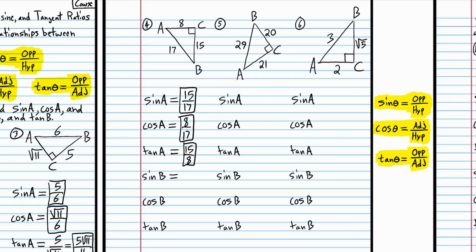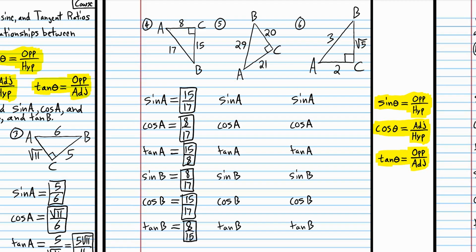And now we're going to B. So now the opposite side of B, because sine is opposite over hypotenuse, opposite side of B is 8. The hypotenuse is obviously 17. Cosine is adjacent, so adjacent side of B is 15, and over the hypotenuse. And tangent B is opposite over adjacent, so that would be 8 over 15.